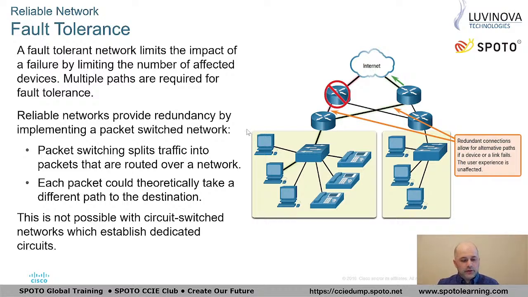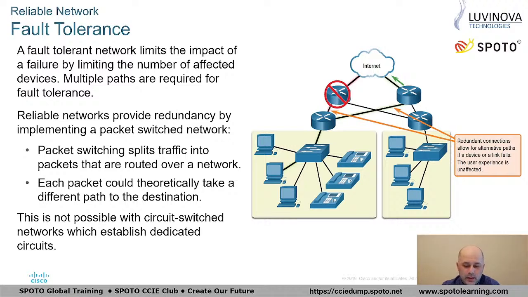So fault tolerant network limits the impact of a failure by limiting the number of affected devices. Multiple paths are required for fault tolerance. For example, as you can see, PC1, one of the computers, wants to send the message to another computer. So it will go through the switch, then it will go to the first router. Then, after that, it has a choice.